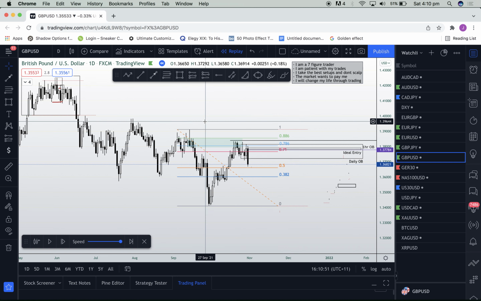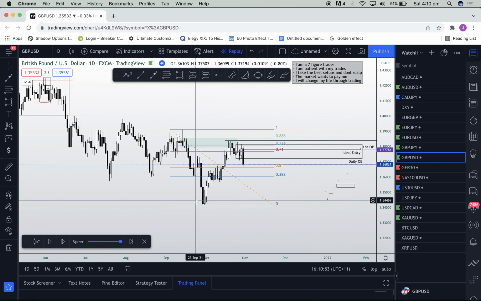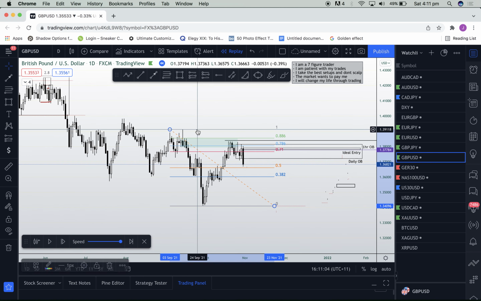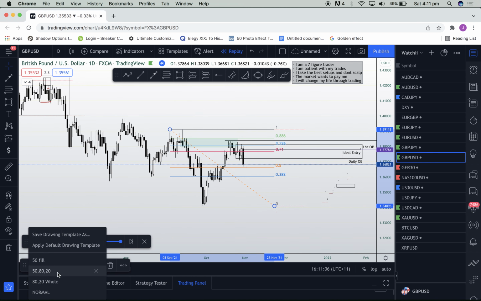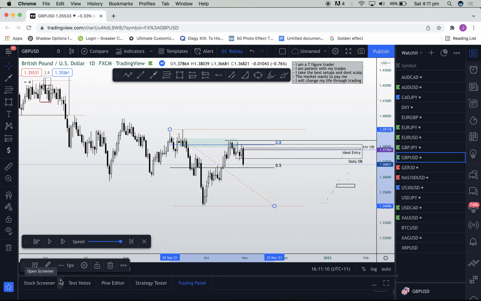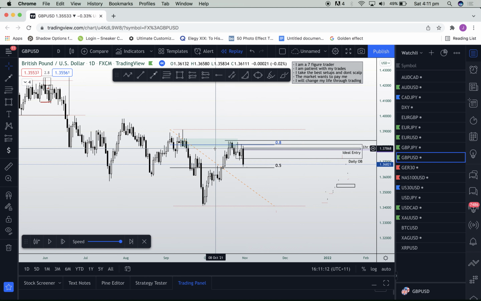As you can see, price has pulled back into a discount of around 78.6%. Now I personally use my trusty 50 and 80 only. Where is it? And you can see it hits that 80% mark perfectly.